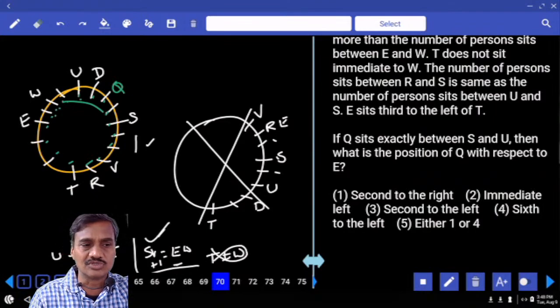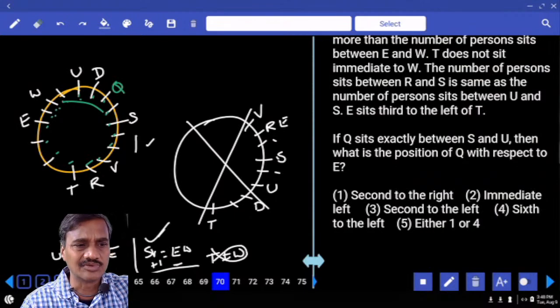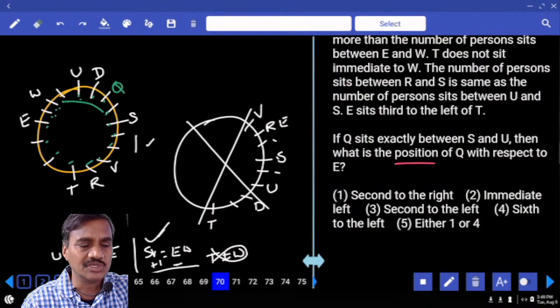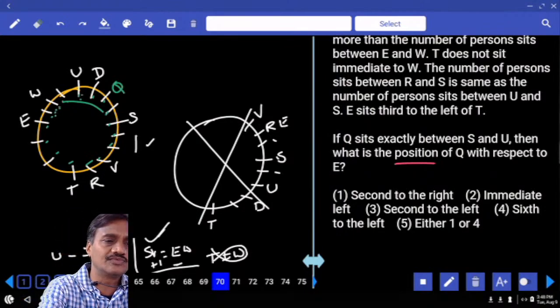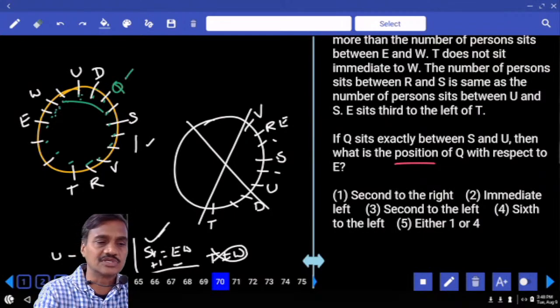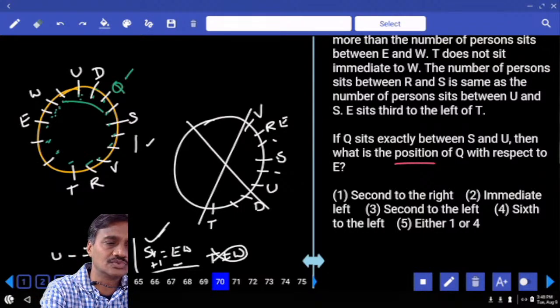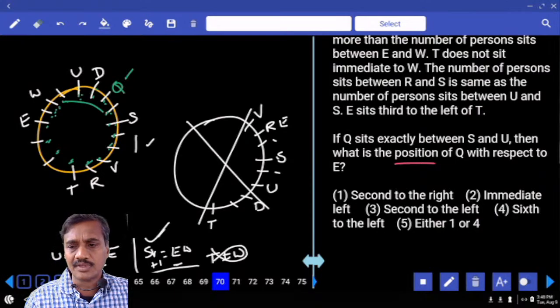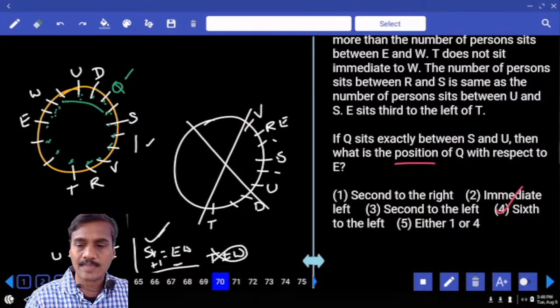Counting the other way, 1, 2, 3, 4, 5, 6, 7, 8, 9, 10 to the right. Then what is your answer here? No, 6 to the left. So choice 4 is the answer, question number 70. Clear?